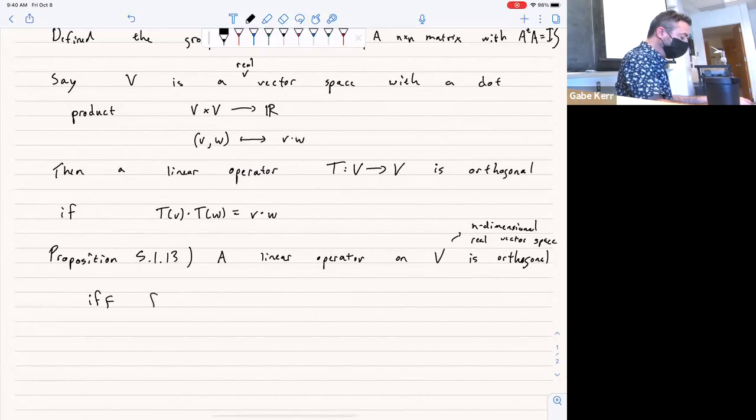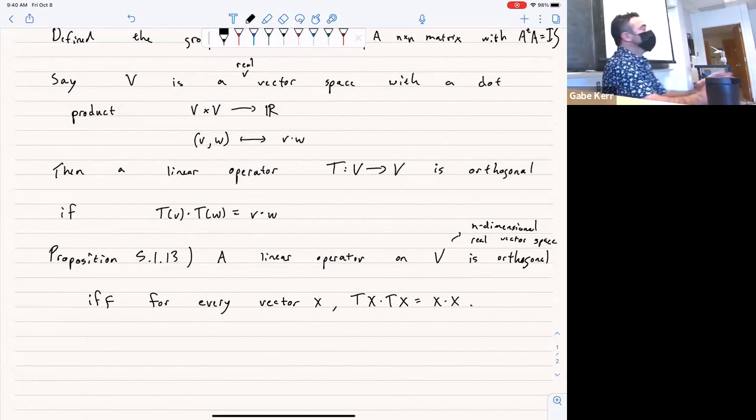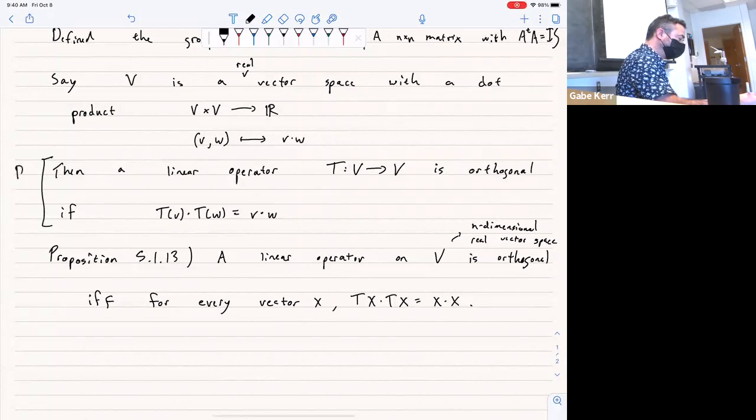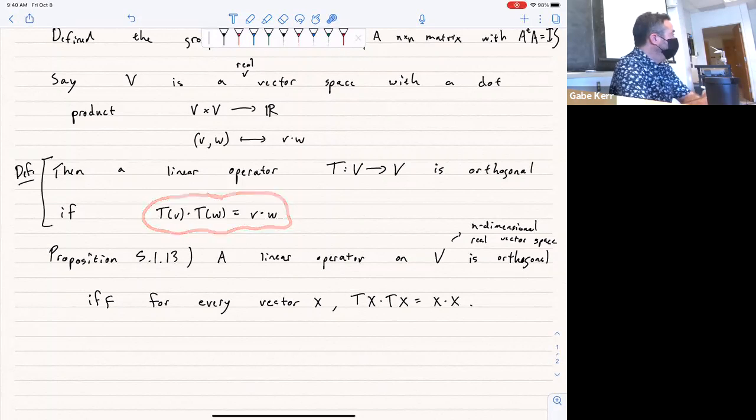This is the definition of orthogonal. In this definition we had two vectors, V and W, and we took their dot product.